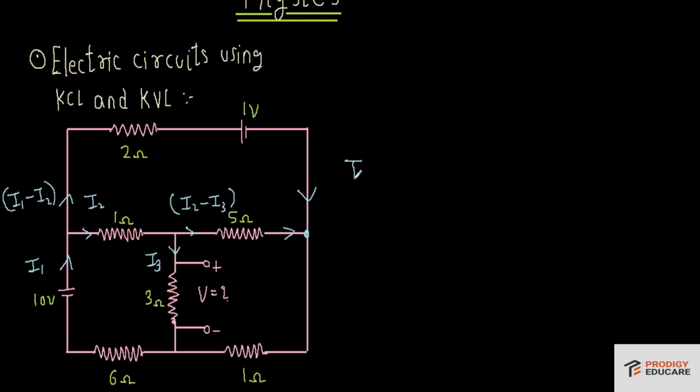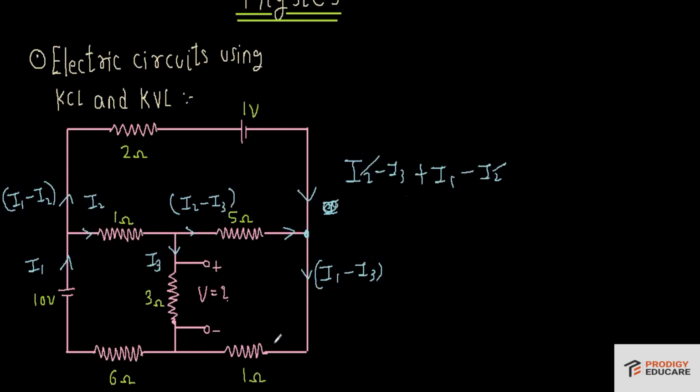So the total current will be I2 minus I3, which is this current, plus I1 minus I2. This I2 and I2 will get cancelled. So the net current that we are getting is simply I1 minus I3. This amount of current is passing through this. So again, this same current will pass through the 1 ohm resistor.